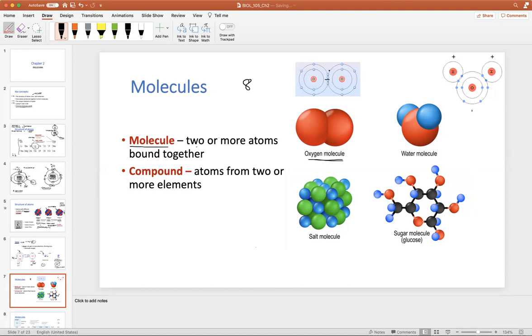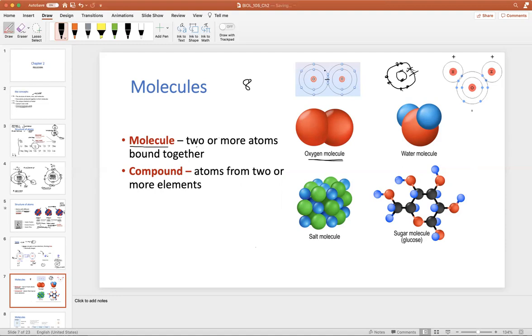What's going on here? Well, remember that the ordinary oxygen would have 1, 2, 3, 4, 5, 6, 7, 8. And there would be 2 empty parking spots, right? And we want to fill those parking spots. So what these guys have done is they've scooted some electrons over so that they can share.